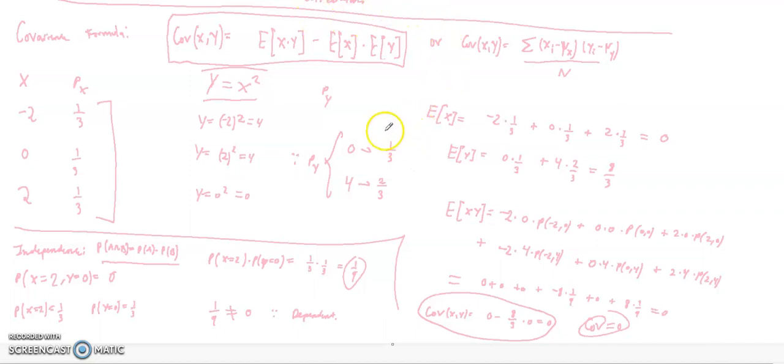Well, the thing is, it's all coming down to y being 100% dependent on x, and x having a symmetrical distribution.